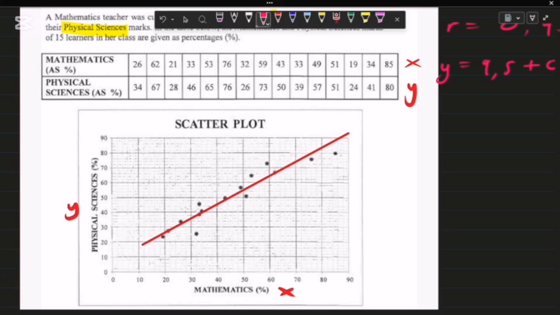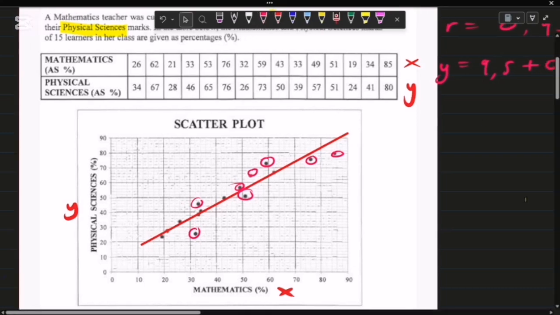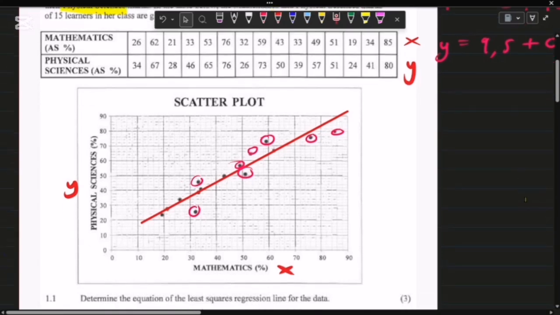What do I mean by this? We can see that the points that are not touching the line that are above the line are 1, 2, 3, and 4. And then the number of points that are not touching the line that are below the line are 4: 1, 2, 3, and 4. So based on this little principle, we can say that we have approximated the right way, more or less. So this is the line of best fit.